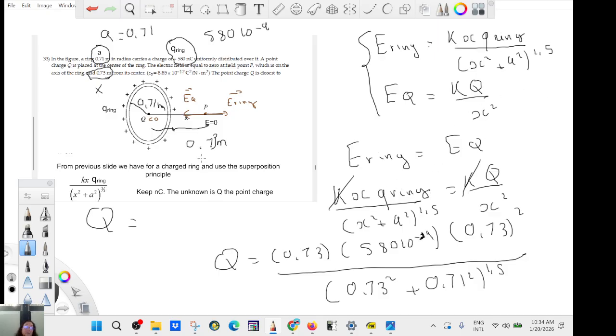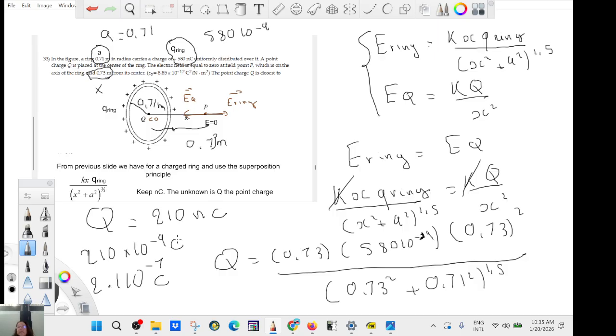And I found about 210 nanocoulomb. Did you get that? So 210 times 10 to the negative 9 coulomb, so 2.1 times 10 to the negative 7 coulomb. Agree? Did you all get that? Yes.